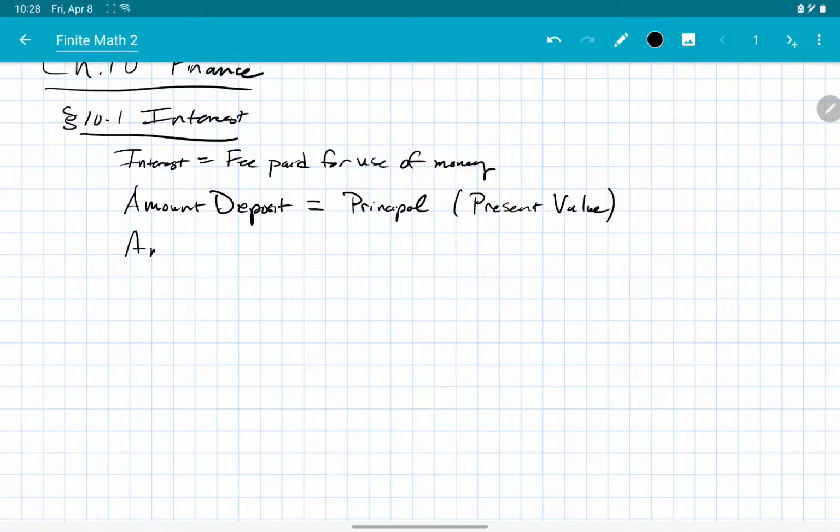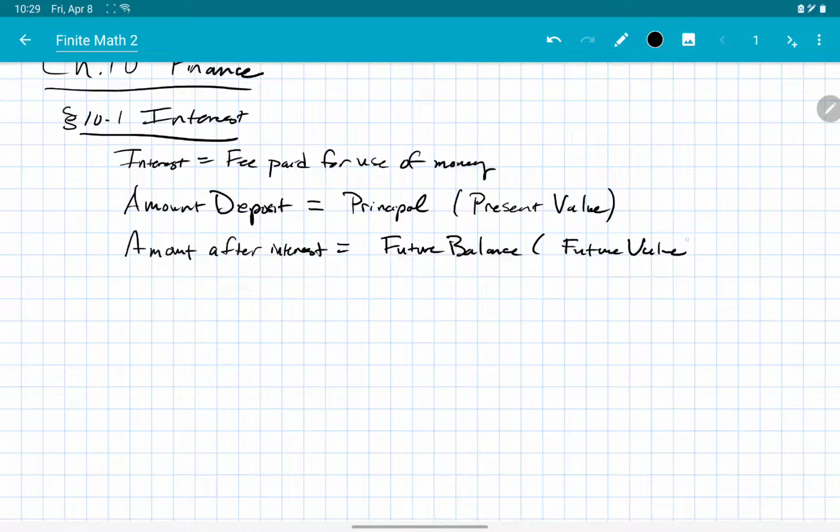And the amount after the interest is paid is called the future balance, or the future value. So those are the technical words used for these things. And we'll show an example of interest in a moment.